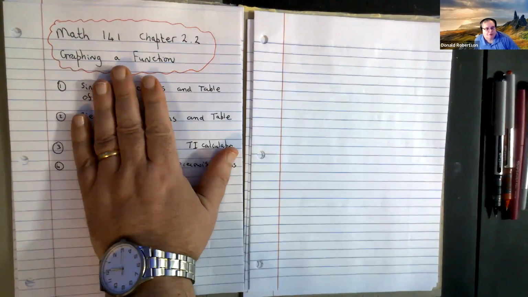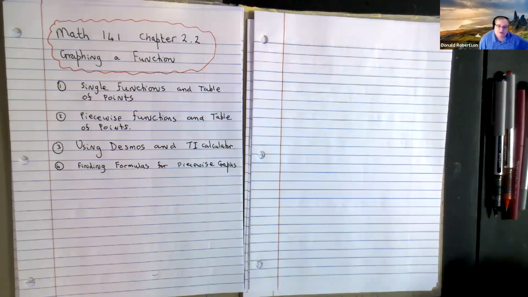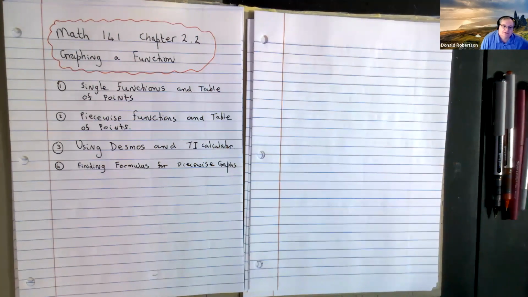So we're starting a new chapter, and it's basically about graphing functions. We're going to look at different situations, and they fall into four general situations. The first one, we're going to look at single functions, like f of x equals x cubed, f of x equals 2x plus 1.